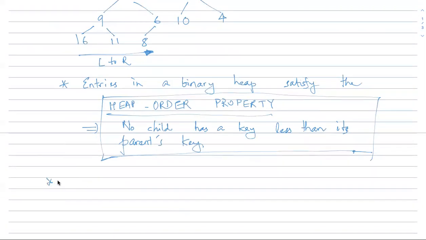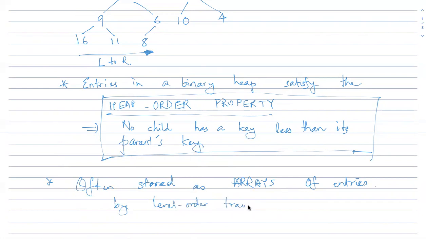So let's see what this leads us towards. This is oftentimes stored as arrays of entries, by level order traversal.